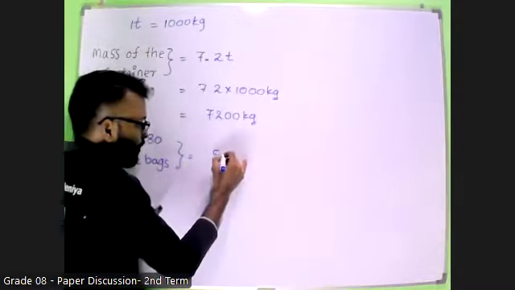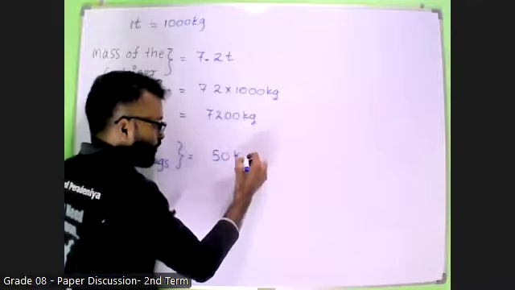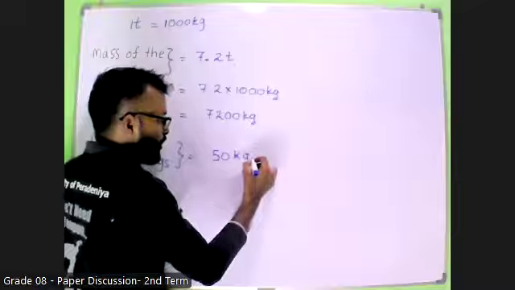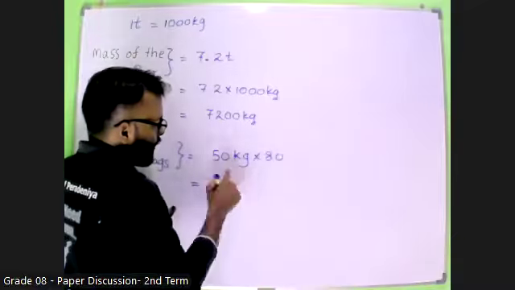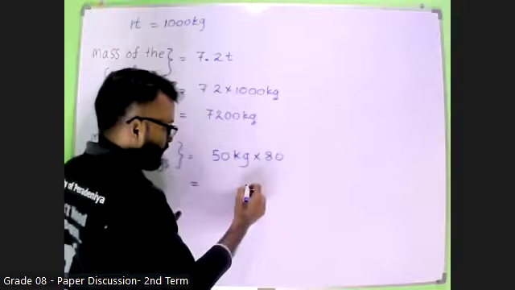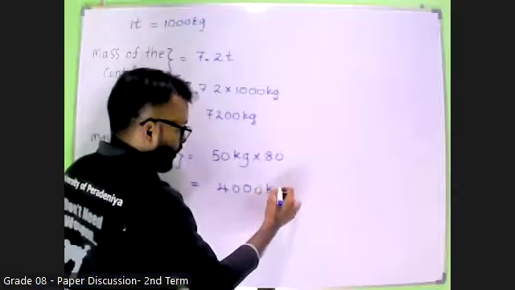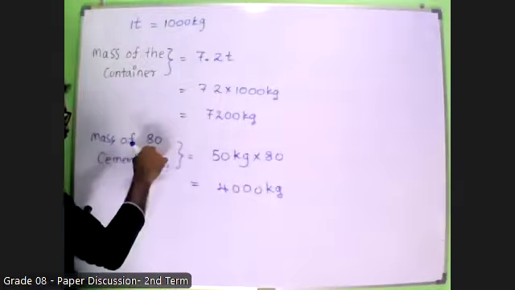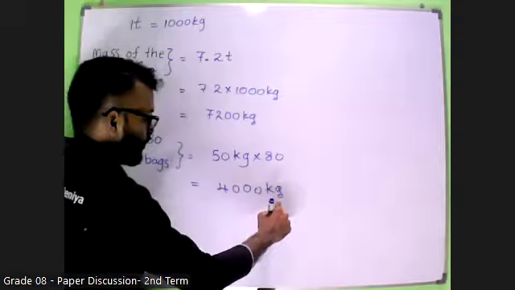Each cement bag weighs 50 kilogram, and you have to multiply it by 80. 50 times 80 will give you 4,000 kilogram. These 80 cement bags weigh 4,000 kilogram.